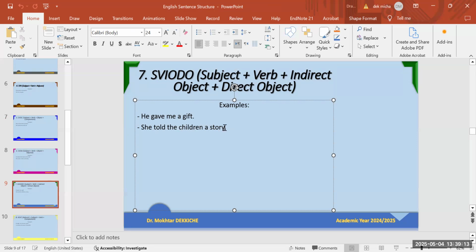And in the second sentence, we can say she told a story to the children. So for a simpler way, we change the place to me just after the verb, and we put the direct objects at the last.